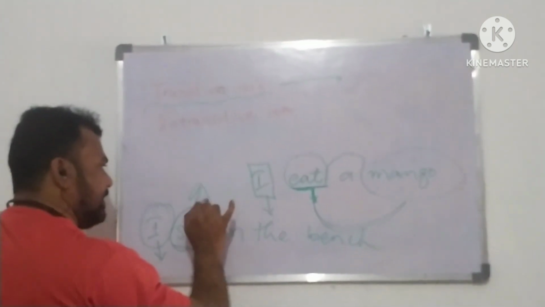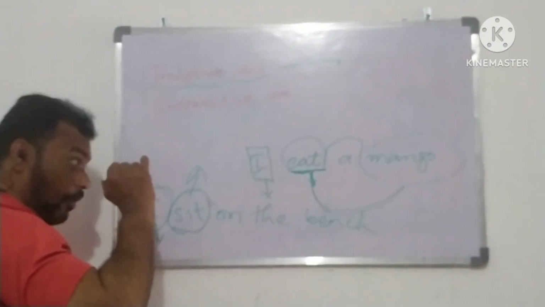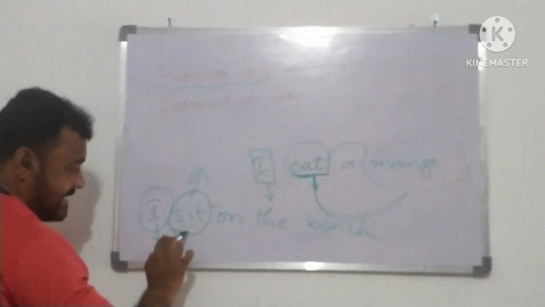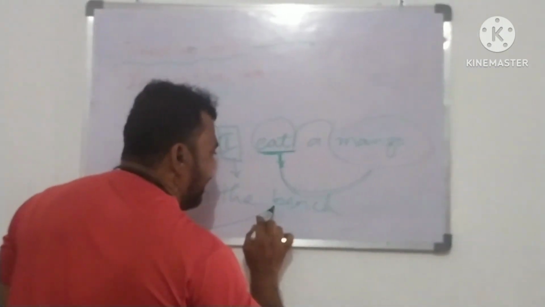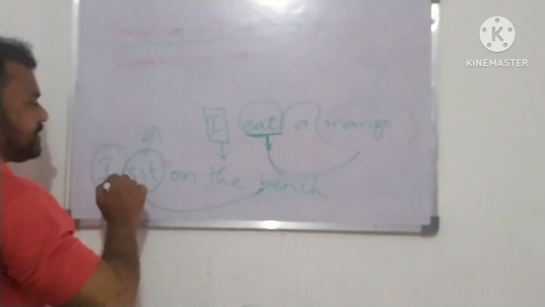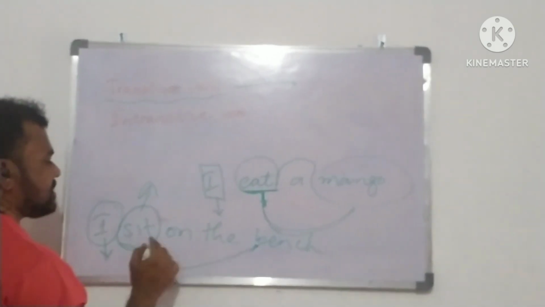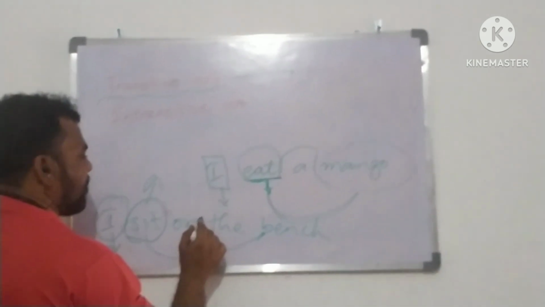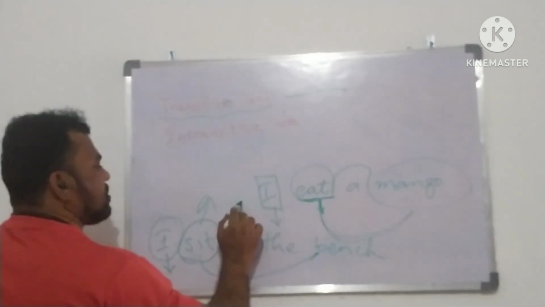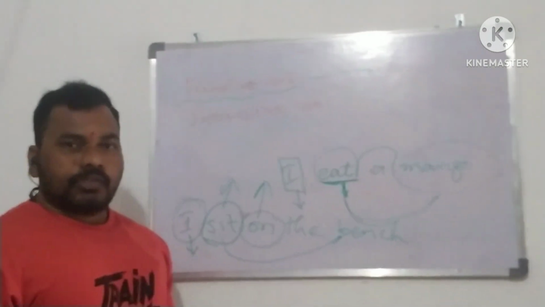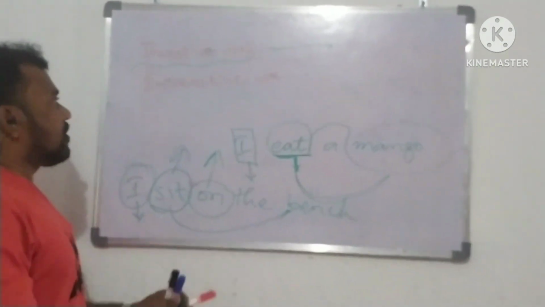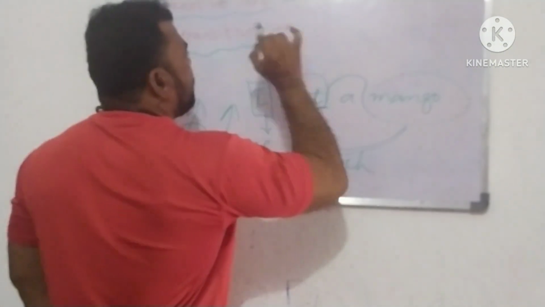Now you see the verb sit is not immediately followed by an object; between the verb and the object there is a preposition, on. So these kinds of verbs are called intransitive verbs.